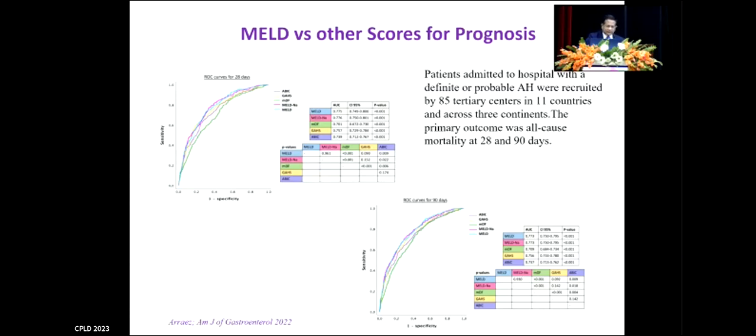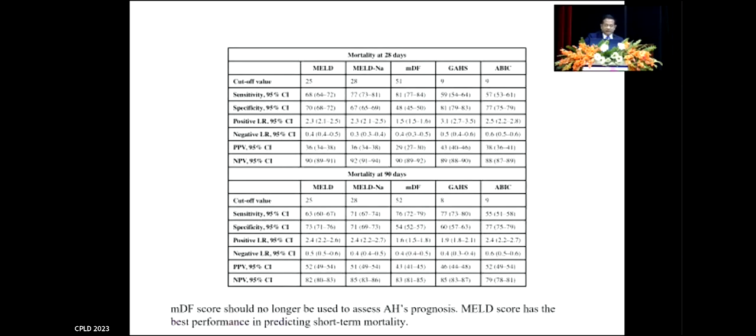Here are some details of the cutoff they used, 25 for MELD, and the sensitivity and specificity, both for 28 days and for 90 days, were best with the MELD score.